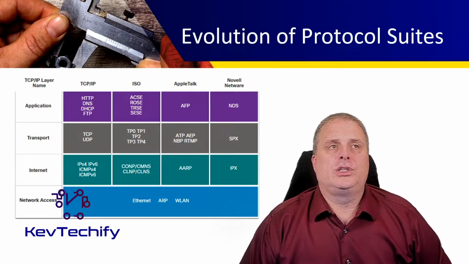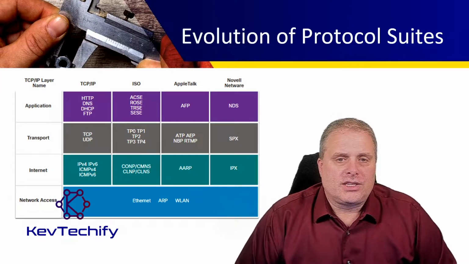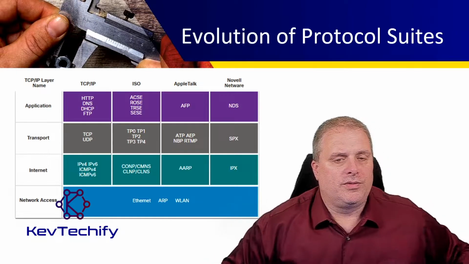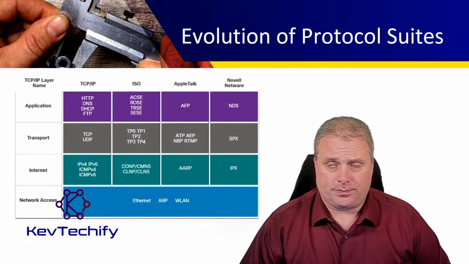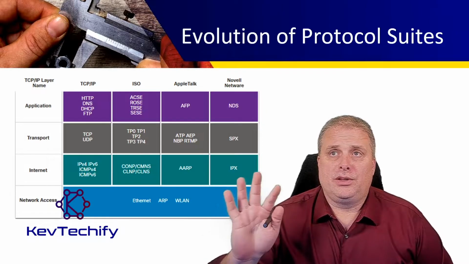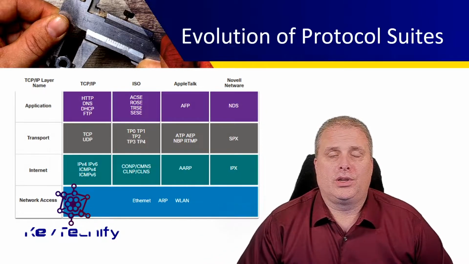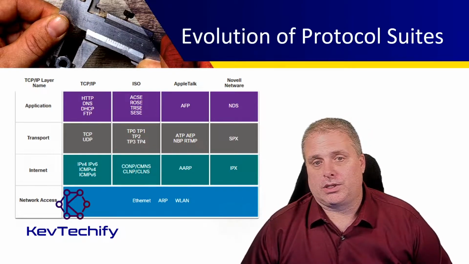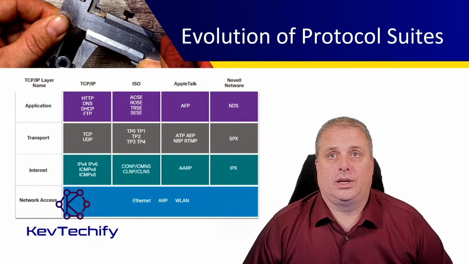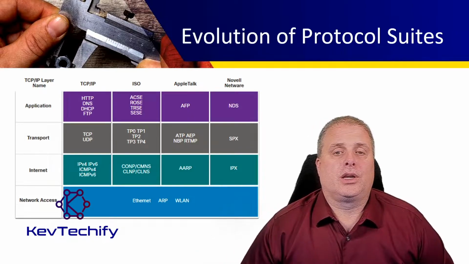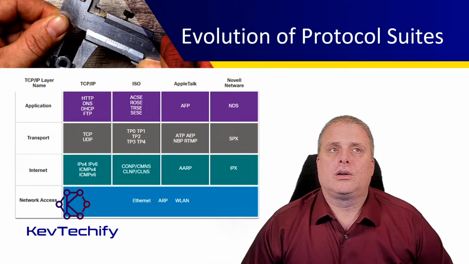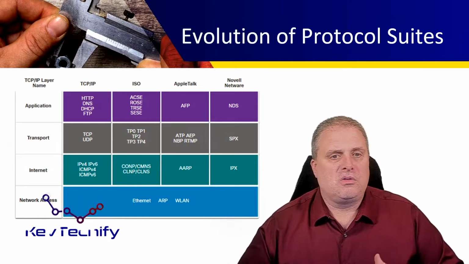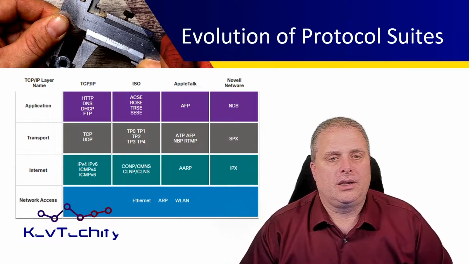Now, the evolution of protocols. We've had several protocol suites as we've developed networks. There's typically 4 that we talk about: the TCP/IP suite, the ISO suite, the AppleTalk suite, and the Novell network suite. Now, let's talk about AppleTalk and Novell. Those were good when they were out, which was 20, 30 years ago, give or take.